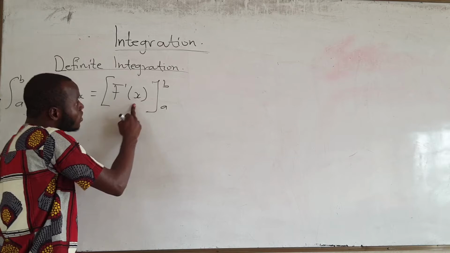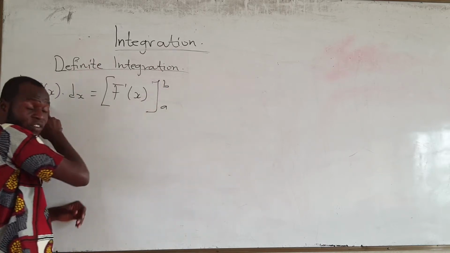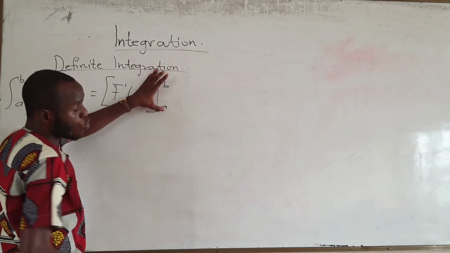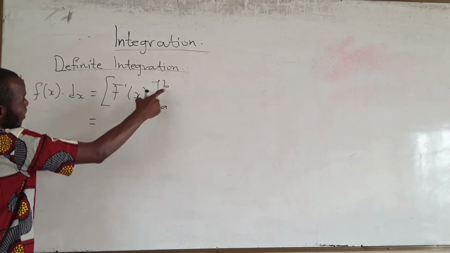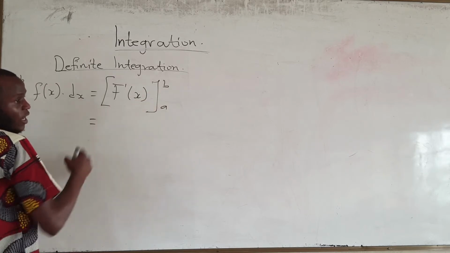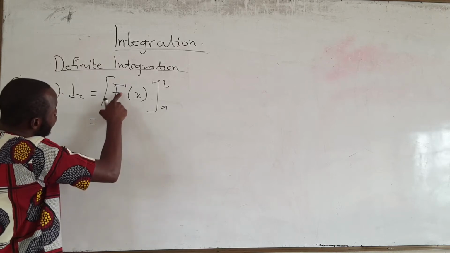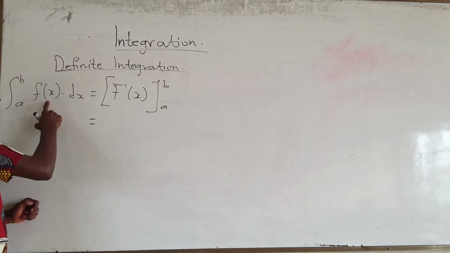After the integration, we put the expression that we have obtained after integrating the function in the big bracket, then we put the limit there. After that, we substitute the values of the limits into the expression that we have obtained. So here this f of x means that we have integrated what? The f prime of x here.